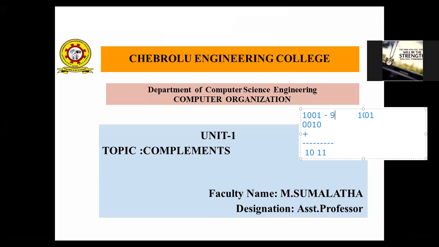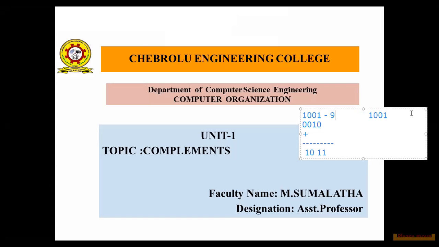We took the table for hexadecimal numbers and octal numbers, so that will be remembered here. The binary equivalent for 9 is 1001. Next, the decimal equivalent for 0010 is 2.